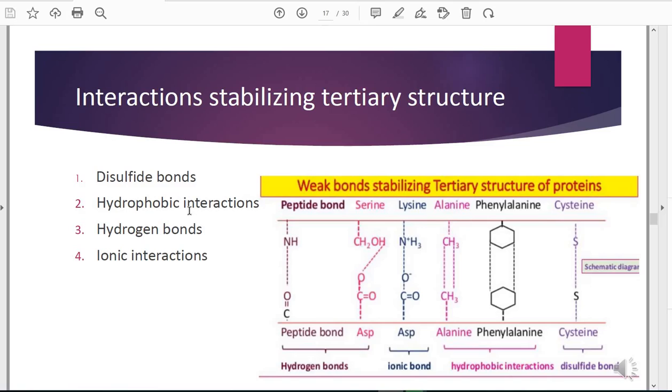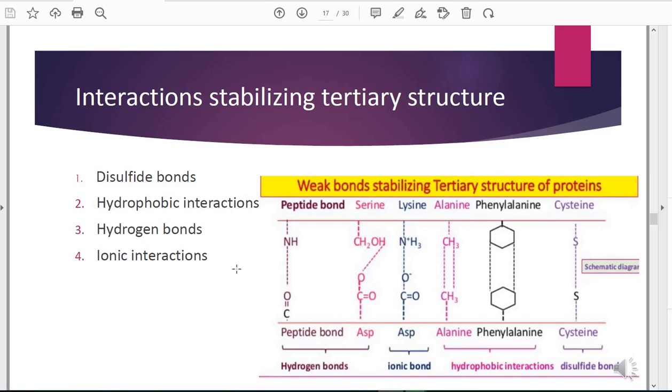Hydrophobic interactions, we just explained it. Hydrogen bonds, which is present in the secondary structure, and ionic interaction, it's a new bond, we will explain it. So there are four types of bonds that stabilize the tertiary structure.